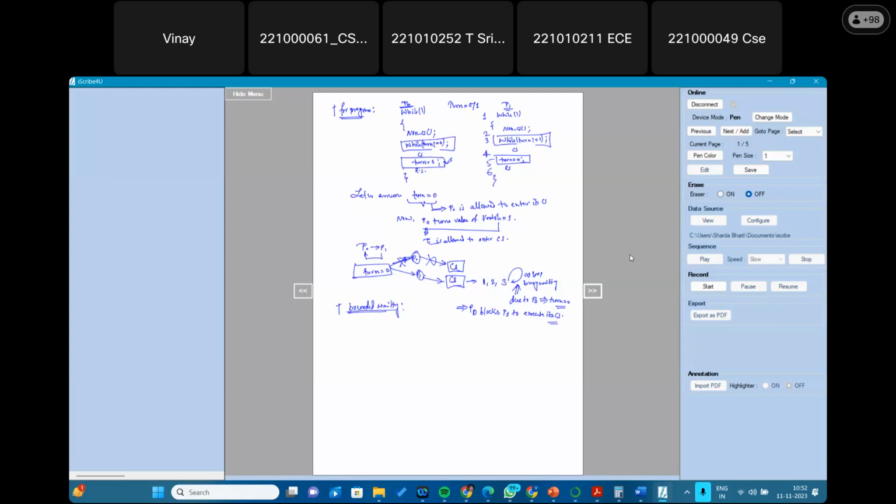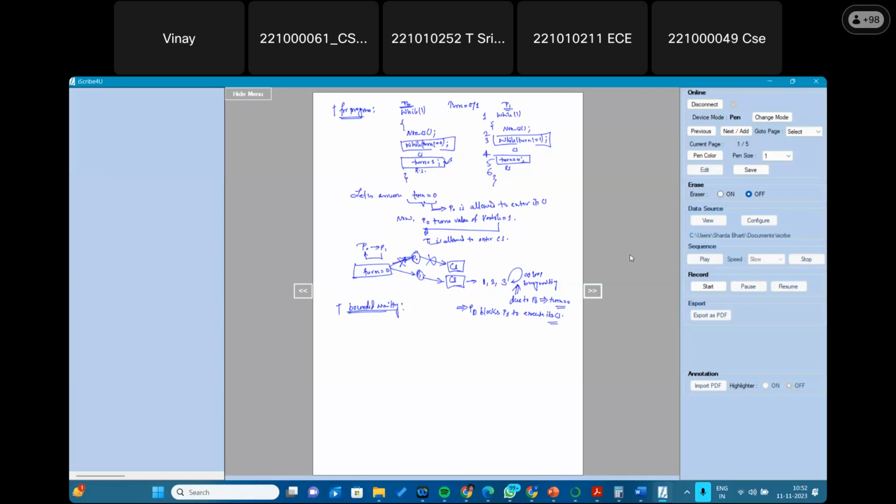Bounded waiting says that if any process wants to execute its critical section, the postponement of critical section execution should not happen indefinitely. There should be some time bound or limit.